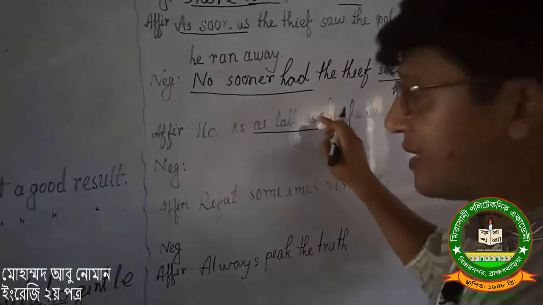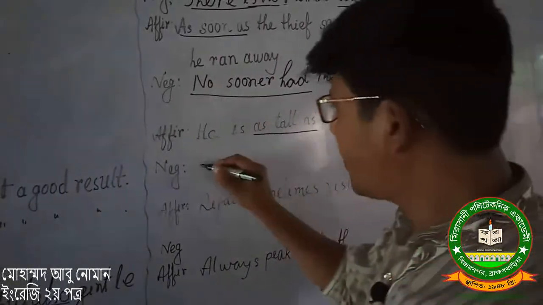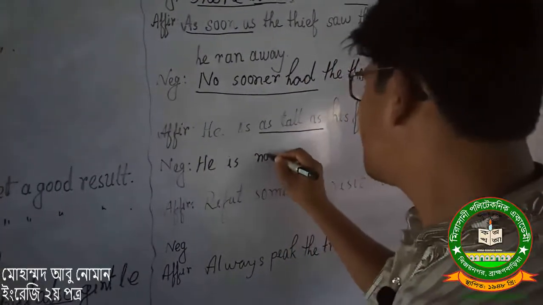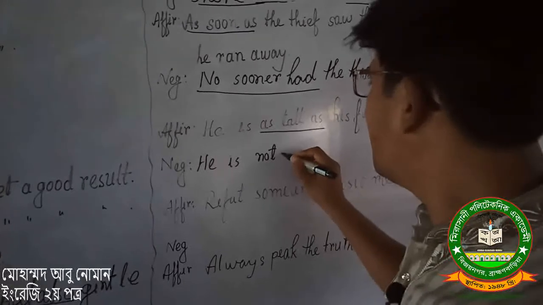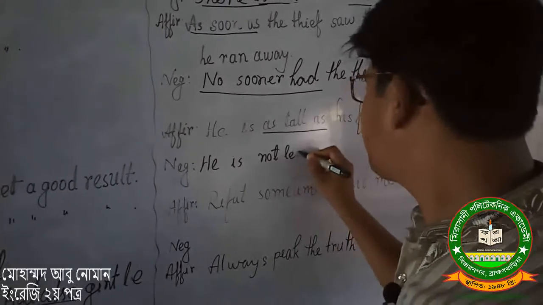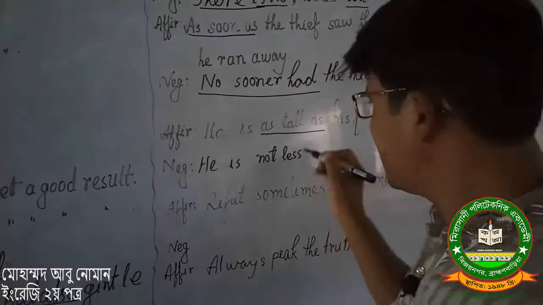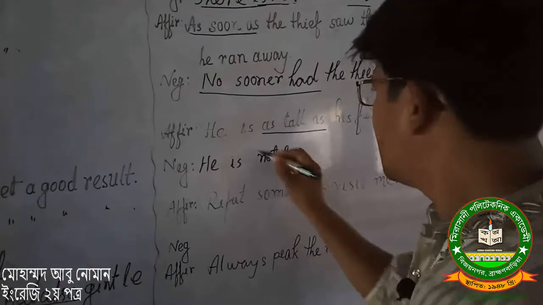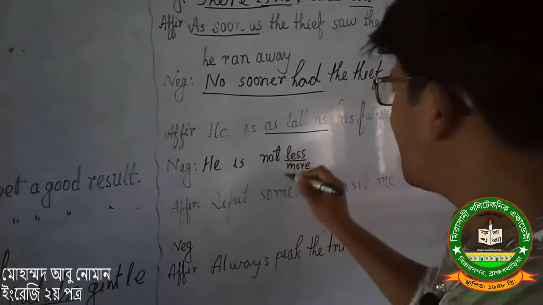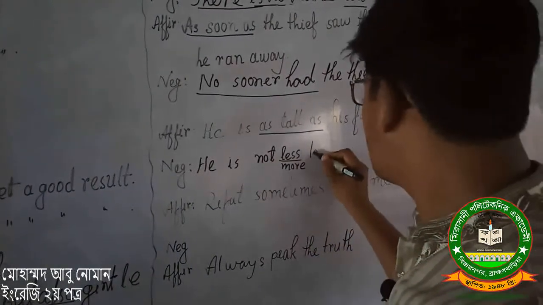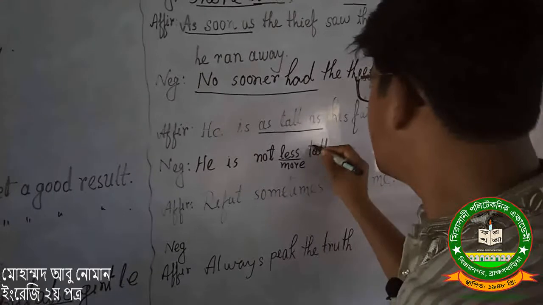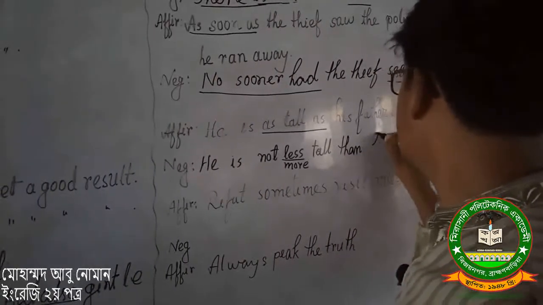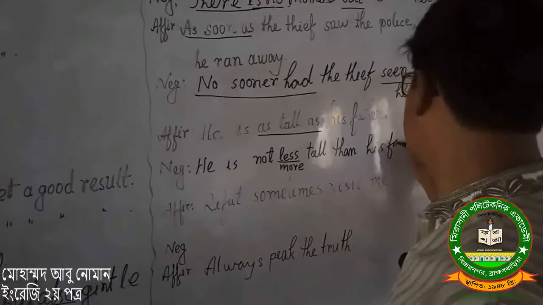Instead of as, we will write: he is not less, or more. You may write less or more; both are correct. He is not less tall or more tall than his father.